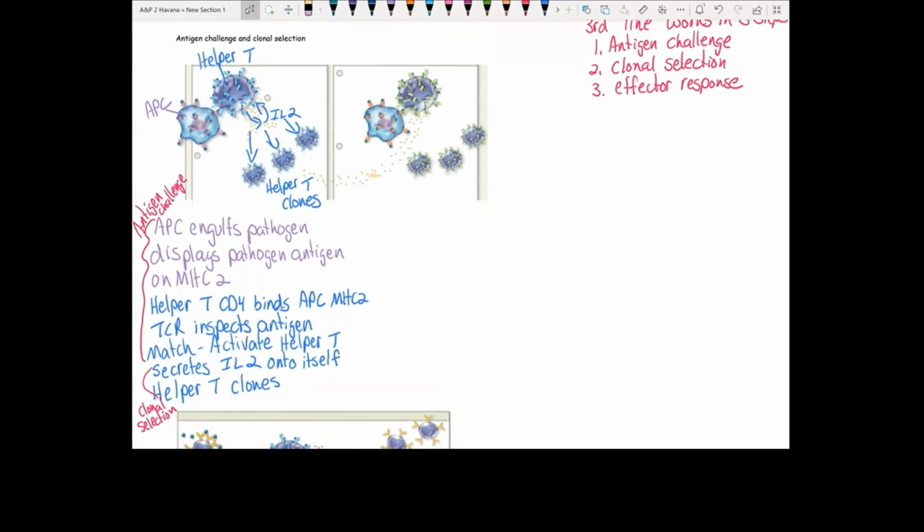Okay, in the meantime, body cells have been getting infected. So here is an infected body cell. And remember, cytotoxic T interacts with body cells.